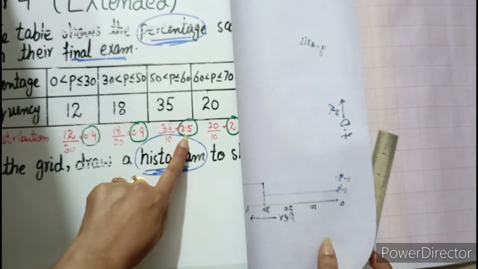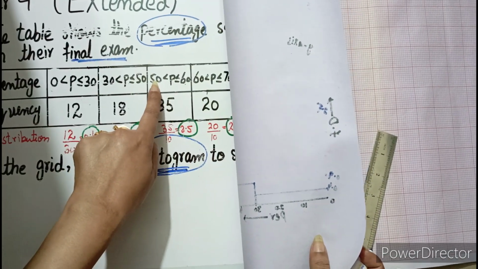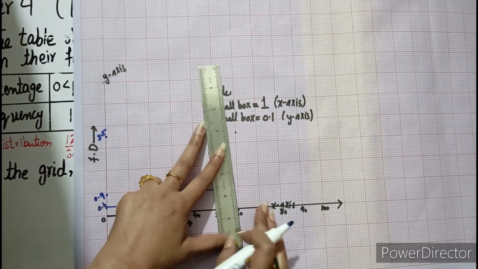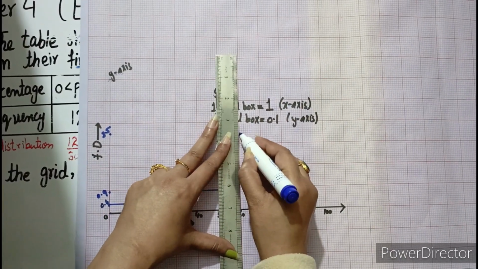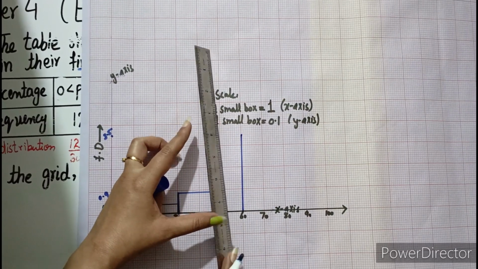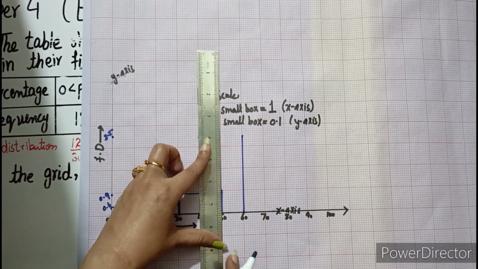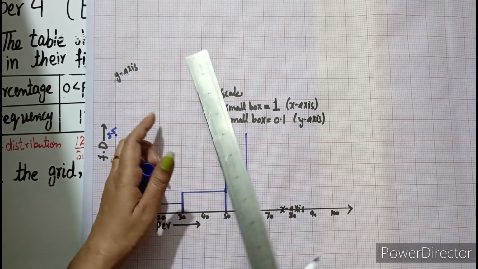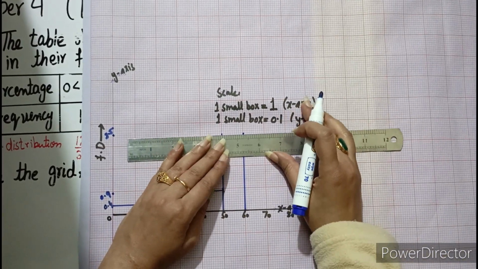For the frequency distribution of 3.5, you have to take the range from 50 to 60. This is 60.